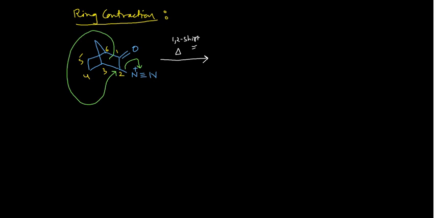Now the important thing is, what will happen in that case? You see, since this species is given here and this bond has already cleaved, you will form a new ring, which would be a 5-membered ring. So how can we draw that 5-membered ring? Say this, this, this, and this would be retained as such.